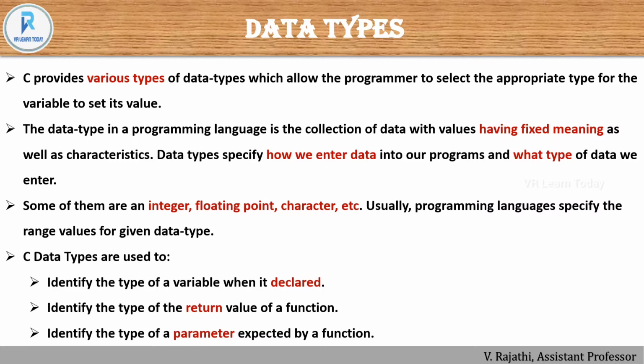Data types specify how we enter data into our programs and what type of data we enter, and some of them are integer, floating point, character, etc. Usually programs specify the range value for a given data type. These C data types are used to identify the variable when it is declared, identify the type of return value of a function, and identify the type of parameter expected by the function.